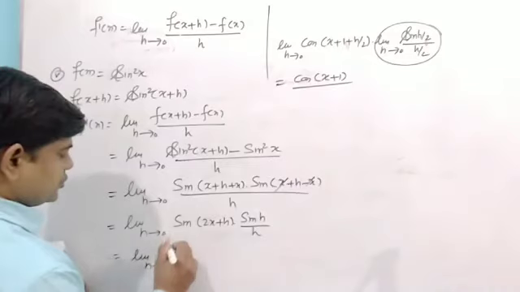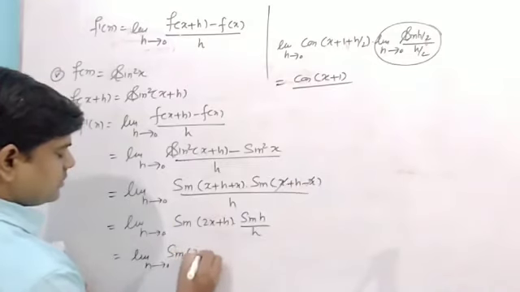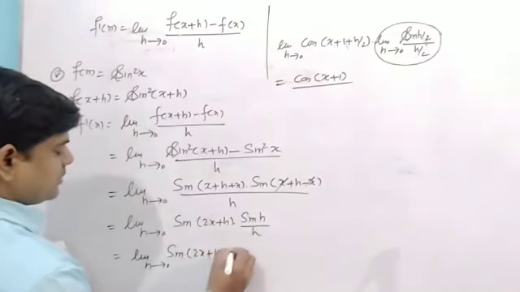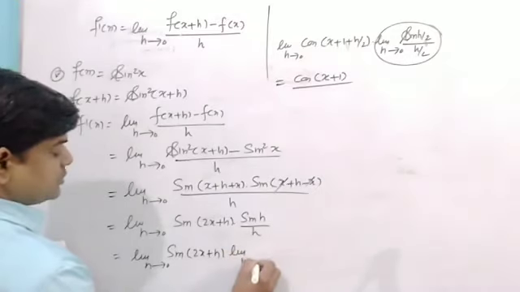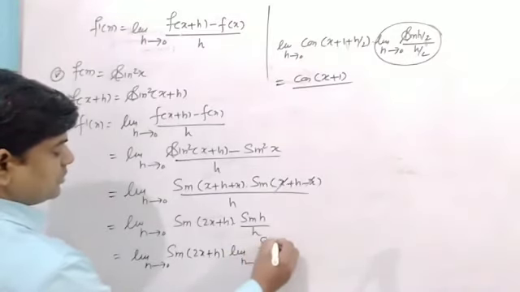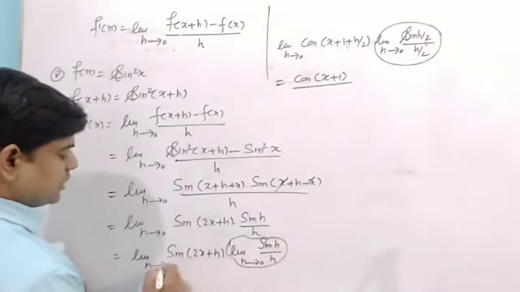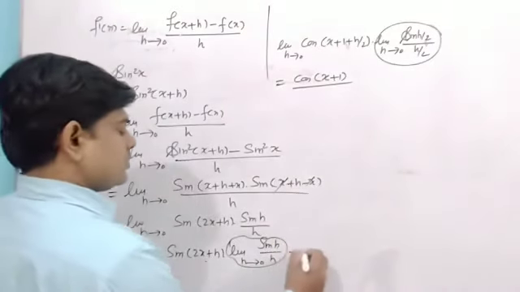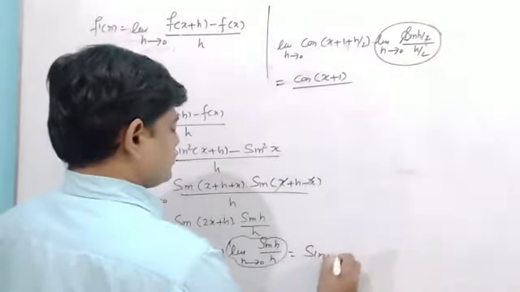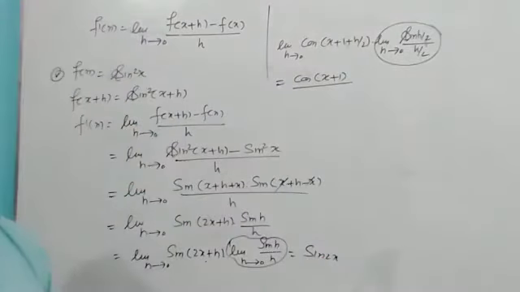The limit as h tends to 0 of sin(2x+h), times the limit as h tends to 0 of sin h upon h, which is equal to 1. When I put h equal to 0, it is sin 2x. This will be the result.